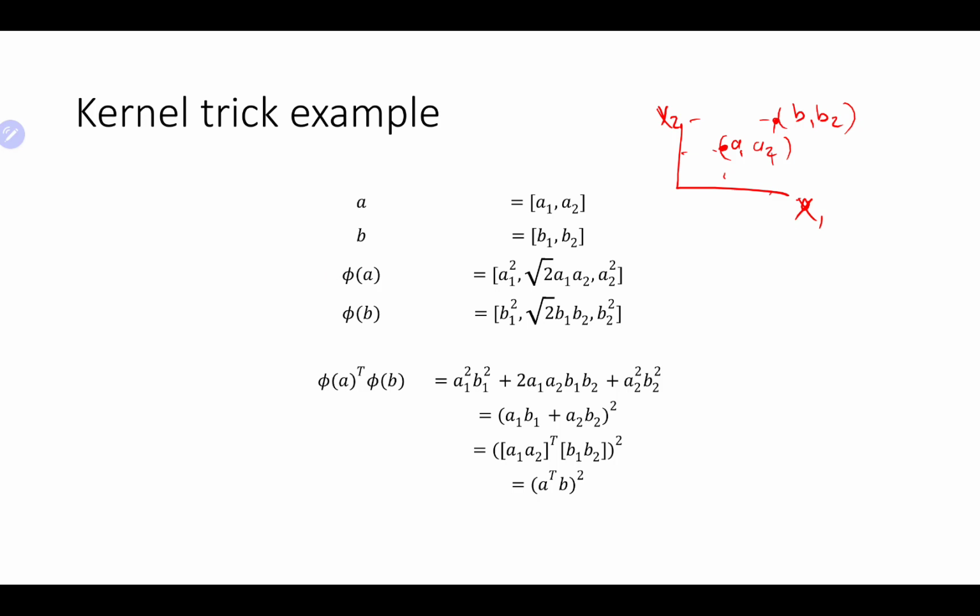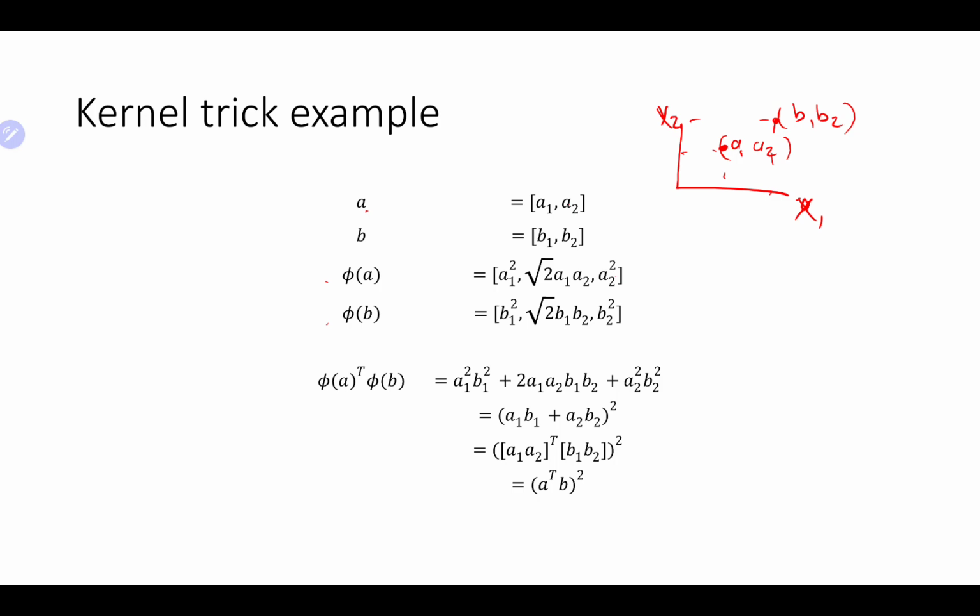So this is our transformation, the phi function. Phi of a, if you transform it, it becomes like this. We have a1 squared, we take the square of a2, and then what we will also do is we take square root of 2, and multiply that by a1 and a2.